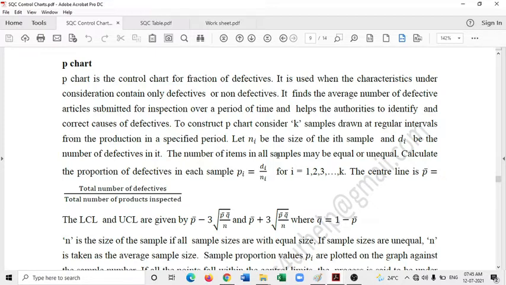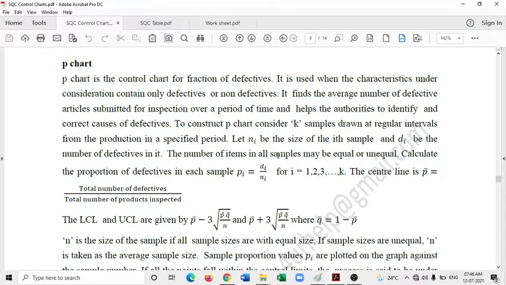And the UCL and LCL are given by P bar plus 3 root of P bar Q bar by n, and P bar minus 3 root of P bar Q bar by n, where Q bar is 1 minus P bar. And here n is the size of the sample if all subgroups are of equal size, we take n as the size of each subgroup.